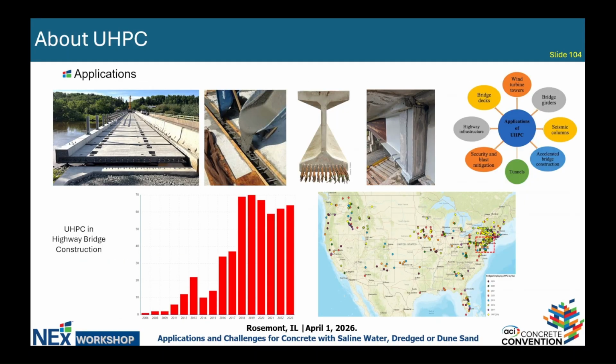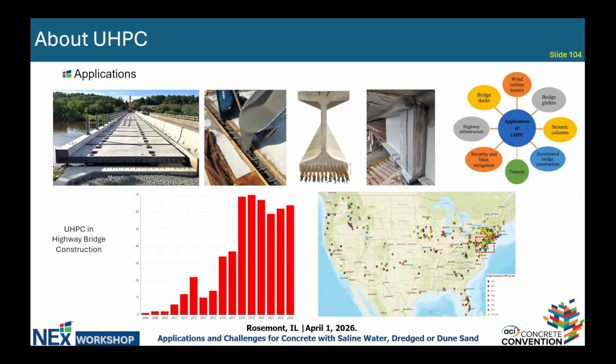Due to the exceptional performance of this material, it has been used for many different applications. For example, for bridge structures like bridge decks, the joints or connections of the bridges, and pre-stressed girders, and even for structural repair. In addition to bridges, it can be used for other civil infrastructure, for example, tunnels, wind turbine towers, and earthquake-resistant structures as well. The two figures below, sorry for the small text, show the number of construction projects in the US, focusing on highway bridge construction.